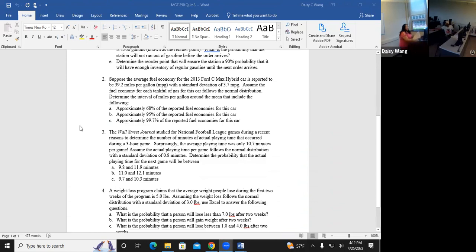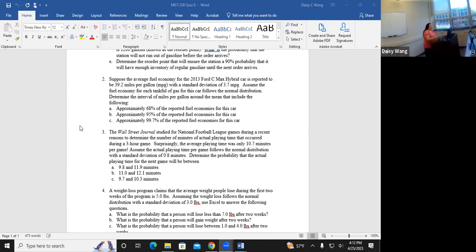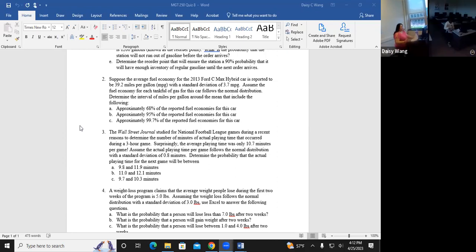So the average for the 2013 Ford Max Hybrid is 39.2 miles per gallon, standard deviation 3.7.